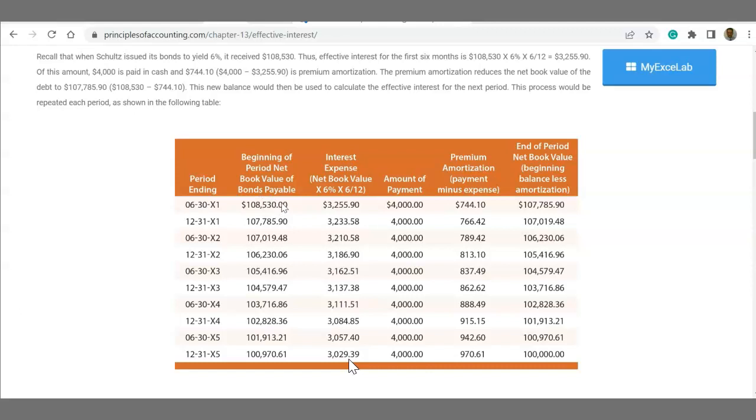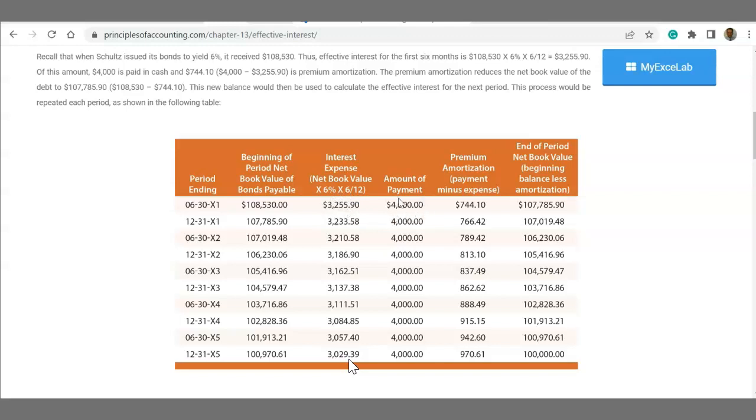That was the beginning book value. And the interest expense for the effective interest method is $108,530 times 6% times 6 out of 12. That means 3%. So 108,530 times 3%. That is the interest expense that we actually need to recognize.